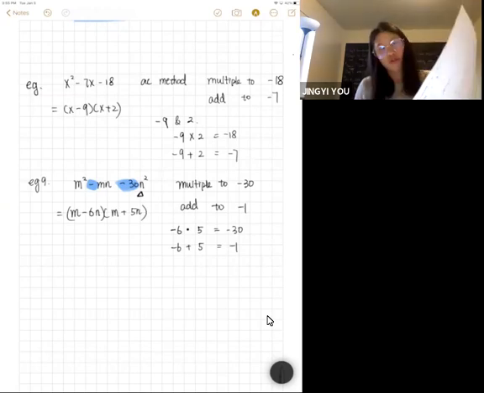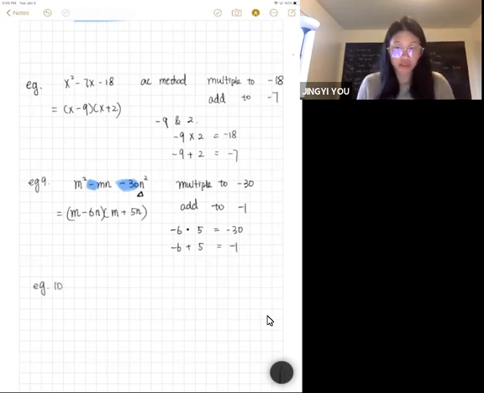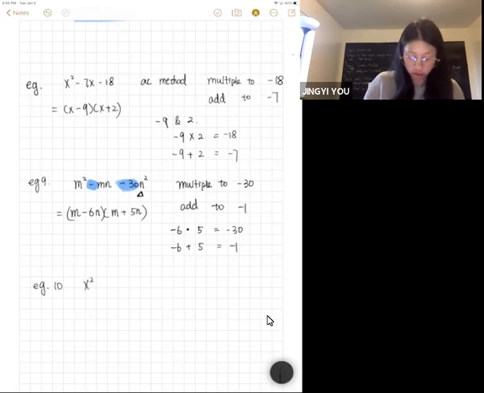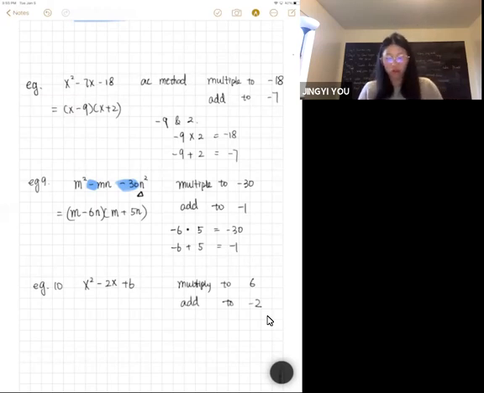Okay, so let's do one more. Sometimes the answer might have no solution, such as x squared minus 2x plus 6. So we want two numbers to multiply to get 6, and then we want to add them to get negative 2. The only possibility to get 6 is 2 times 3 is equal to 6.